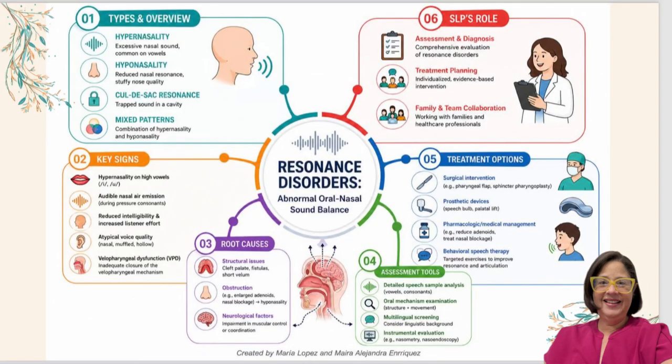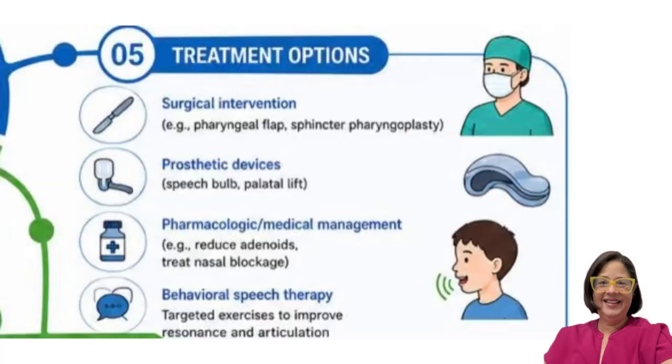Once assessment is complete, we move to treatment. There are four main pathways. Number one is surgical intervention. Procedures such as pharyngeal flap or sphincter pharyngoplasty are often recommended for structural VPD. Prosthetic devices like a speech bulb or palatal lift offer physical support when surgery is not indicated.